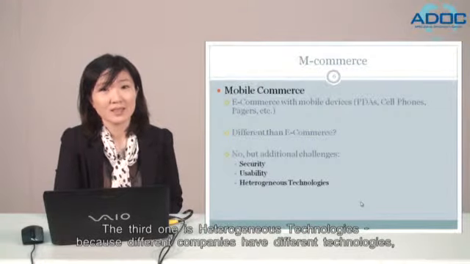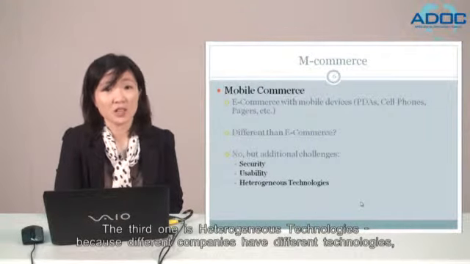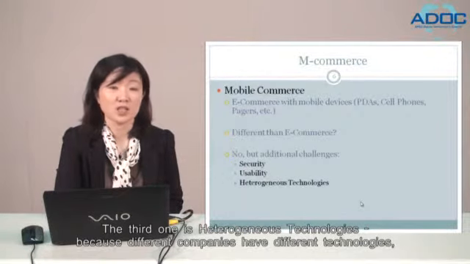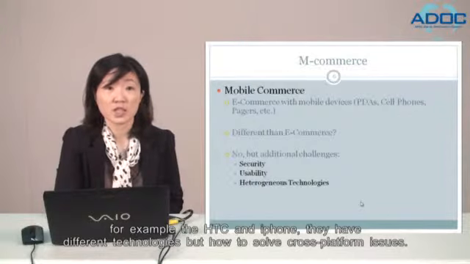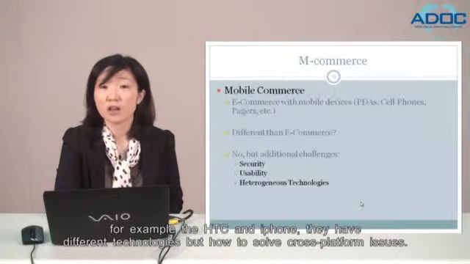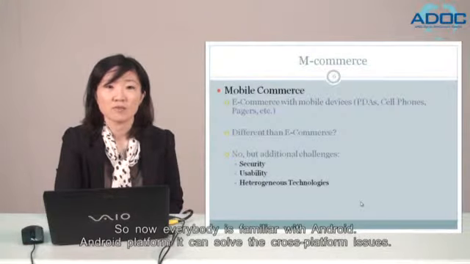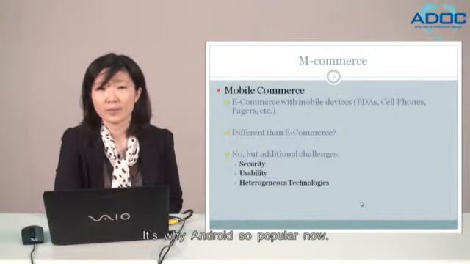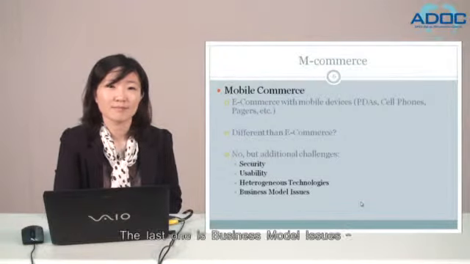The third one is heterogeneous technologies. Because different companies have different technologies. For example, the HTC and iPhone have different technologies, but how to solve cross-platform issues? So now everybody is familiar with Android. The Android platform can solve the cross-platform issues. That's why Android is so popular right now. The last one is business model issues.